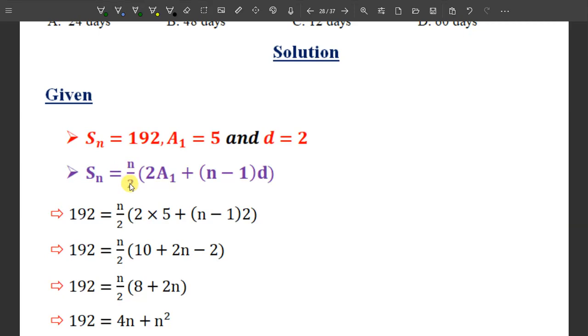And n over 2 times 2 times 5, since the first day he made 5, plus n minus 1 times our common difference, which is 2.